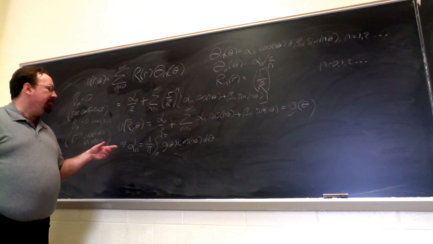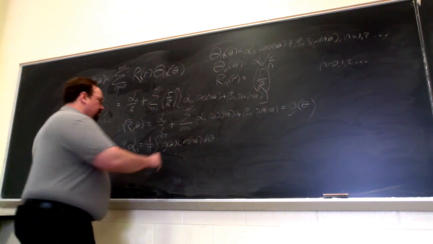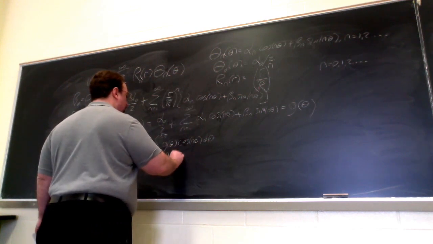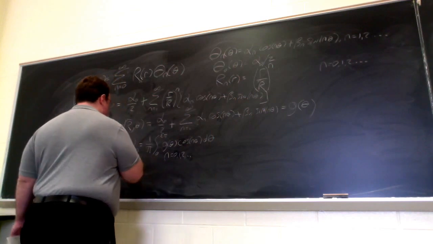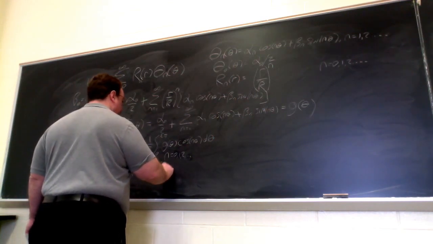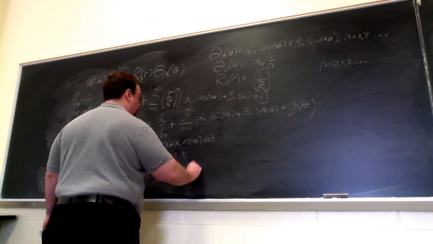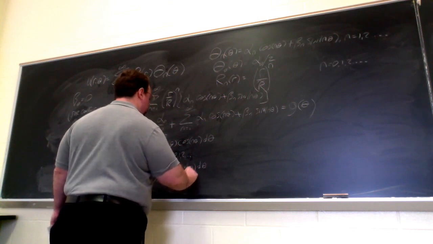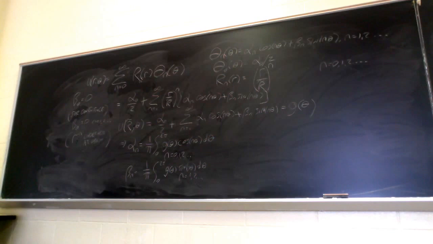Because of that difference, I put that over 2, so I can use this definition for all n, 0, 1, 2, and so forth. Then beta n is 1 over pi integral of g of theta sine n theta, for n equals 1, 2, and so on. That's it. That's the solution of my Dirichlet problem.